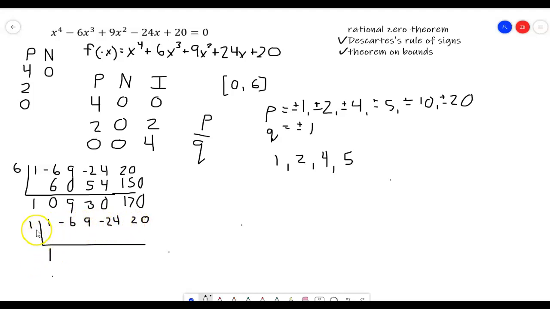So bring down the 1. 1 times 1 is 1, so that's a negative 5. Negative 5 times 1 is negative 5. Add those together, you're going to get 4.